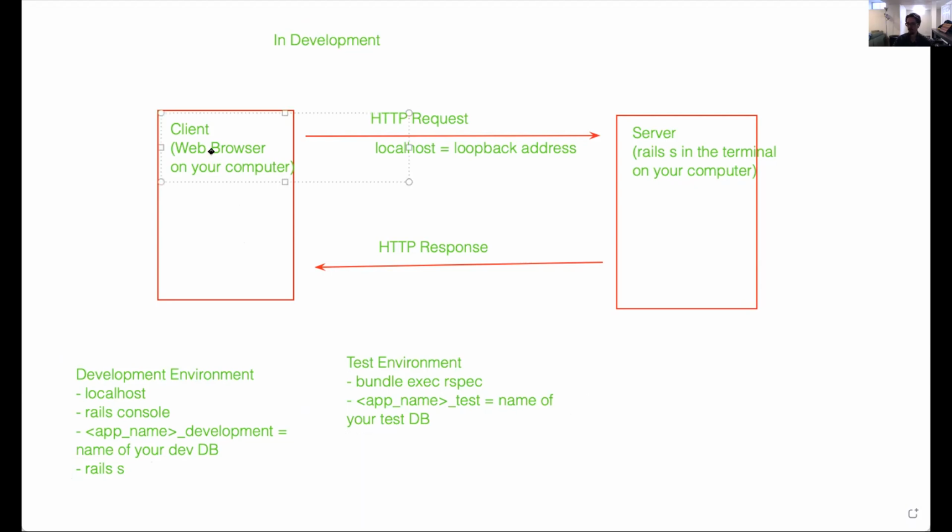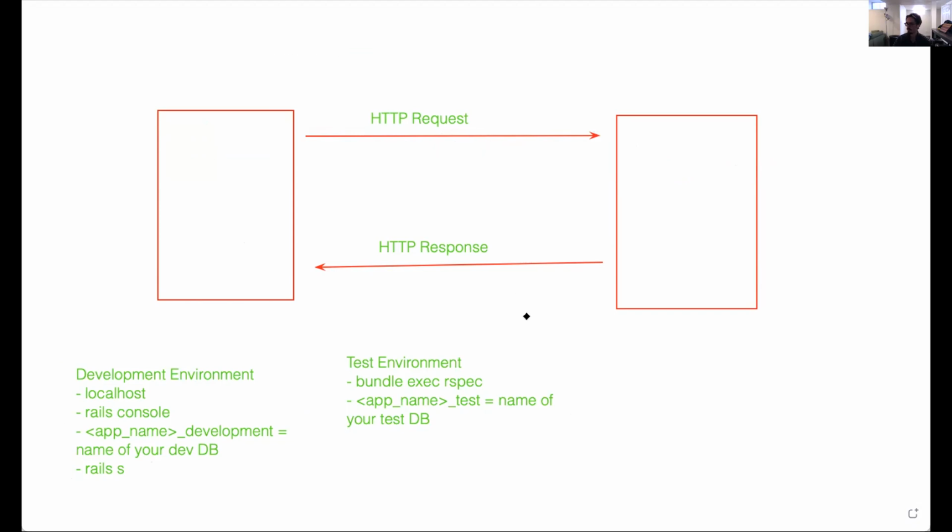So let's clean up our diagram a little bit over here. And let's do this again for the test environment. So in test, rather than us using a web browser, our client is a headless browser, which is Capybara.